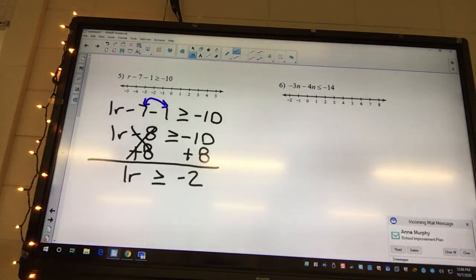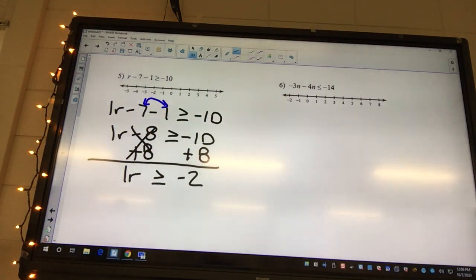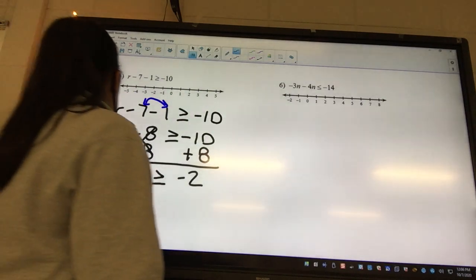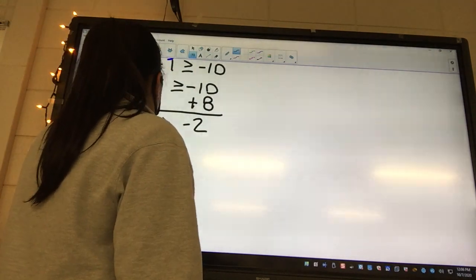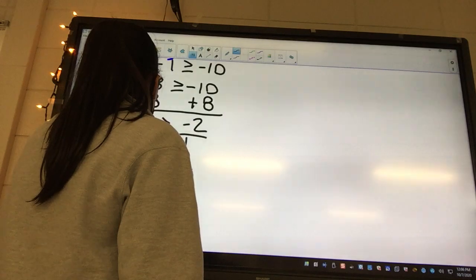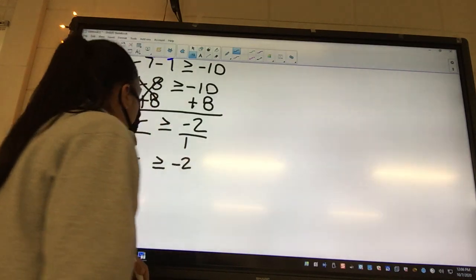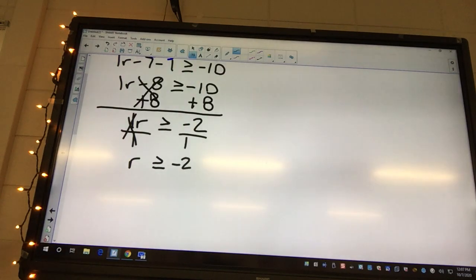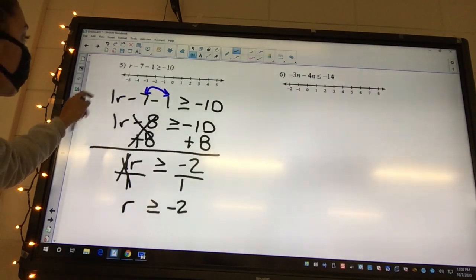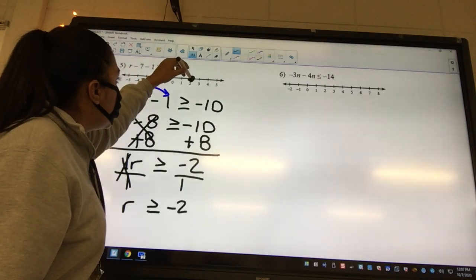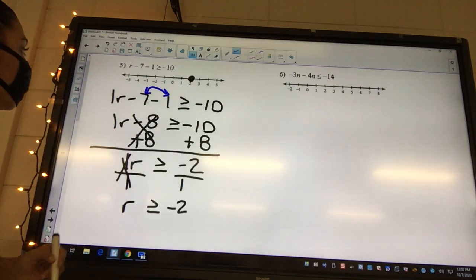And what's our last step always? Divide. Okay? You can divide by 1 or you can leave it the way it is right here, but some of you guys get all messed up. Do I need to flip the sign? No. Okay, what type of dot should that one be? A closed dot. In what direction should it be going? To the right.